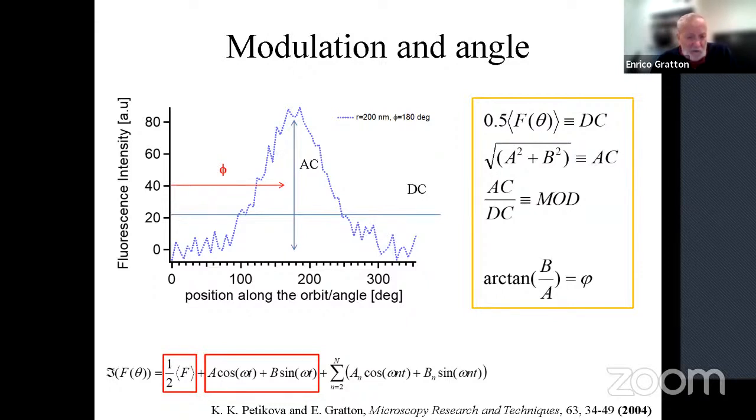And that is the formula we used with Kis Petikova, who was a postdoc in my lab at that time. We published a paper in which we say that the total intensity is given by 1/2 the average value of F, and then cosine and sine of theta, which depends on the angle theta, and then contains higher orders that we don't consider in this presentation.